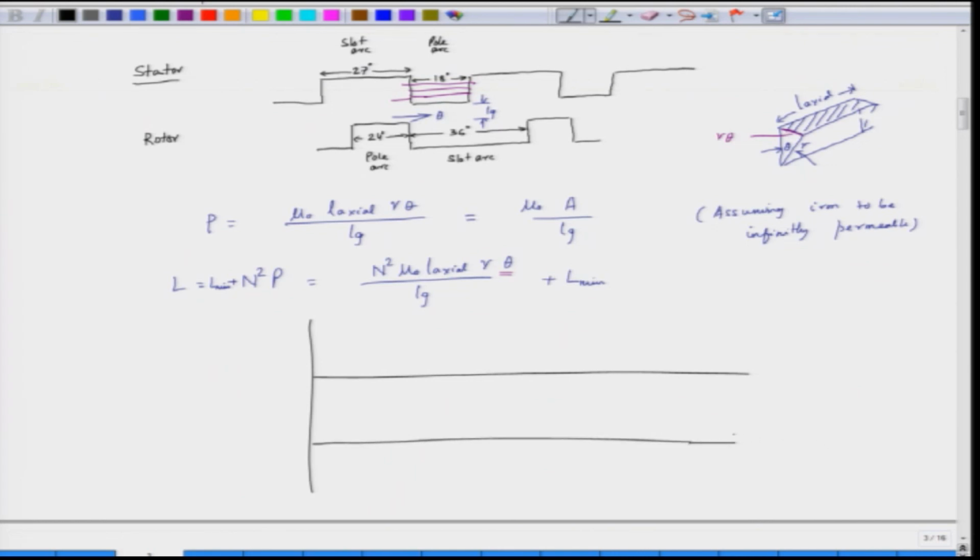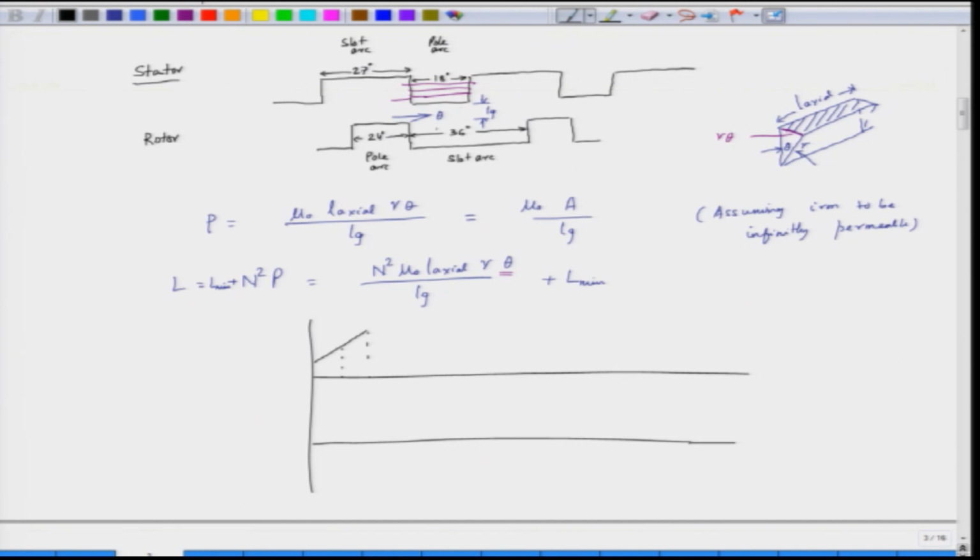So, we will start from, let us say, this position, and as the rotor rotates, as it comes under the stator for 18 degrees, there is an overlap. So, this increases for 18 degrees.